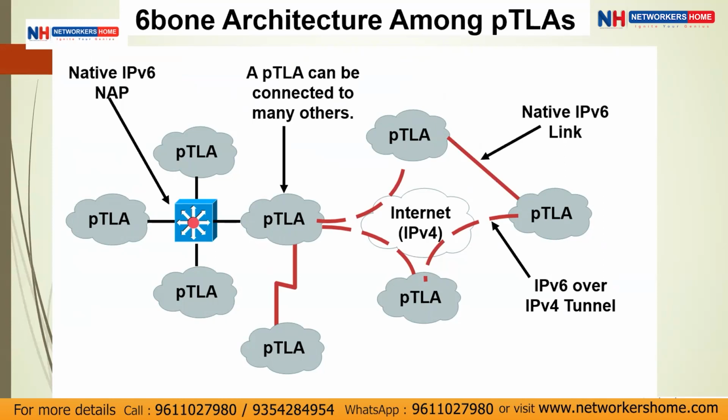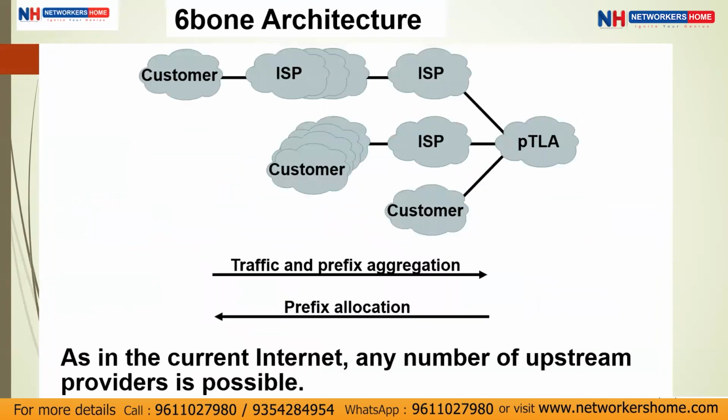The legend shows the IPv4 internet, native IPv6 link, IPv6 over IPv4 tunnel, and the network access point. In the 6bone architecture, as in the current internet, any number of upstream providers is possible. So for ISPs, we have traffic and prefix aggregation and prefix allocation.